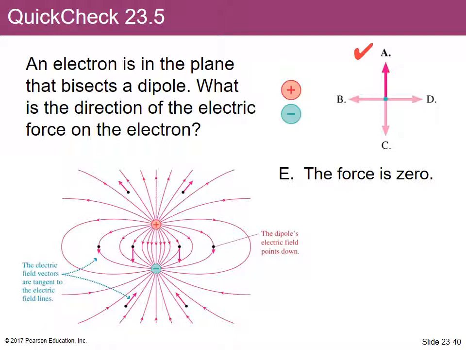The electron is at a point that bisects and is perpendicular to the electric dipole. The answer is A. The electric field vectors are tangent to the electric field lines. Since the dipole points up, a positive test charge would feel a force pointing down. Since the electron has a negative charge, we simply reverse the direction of the force, and the electric force must point up.